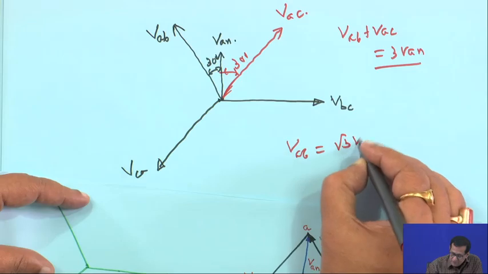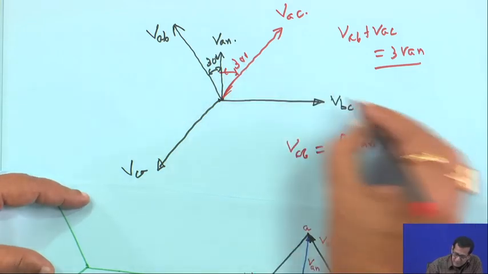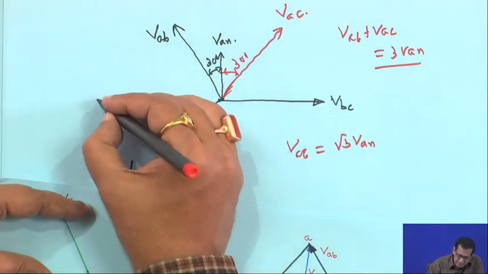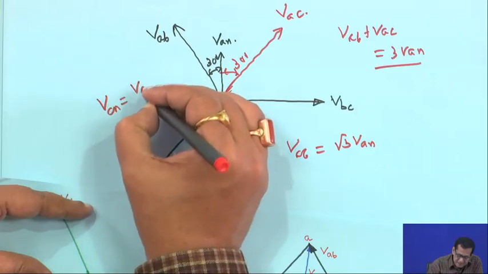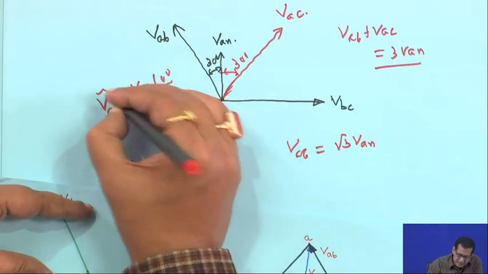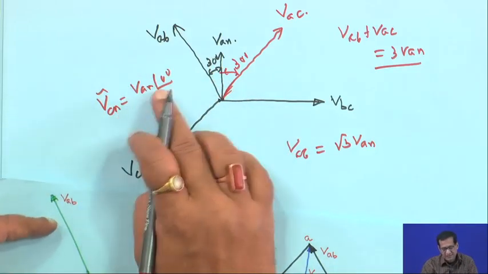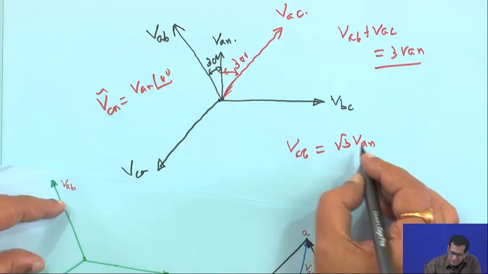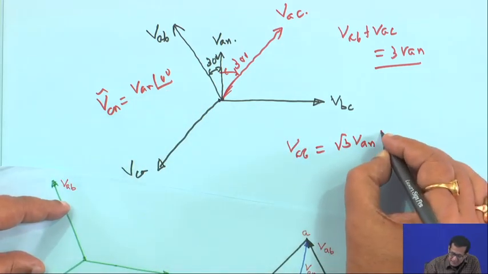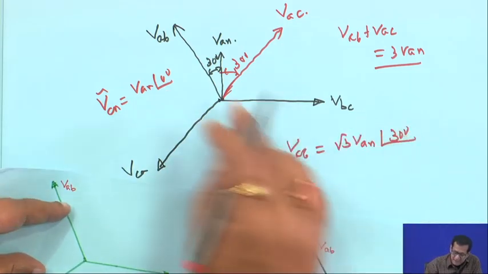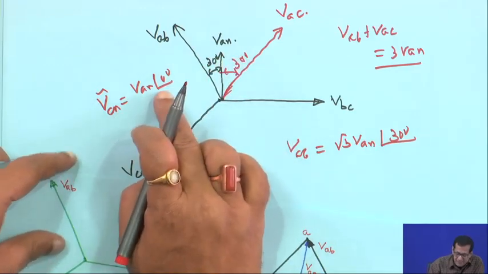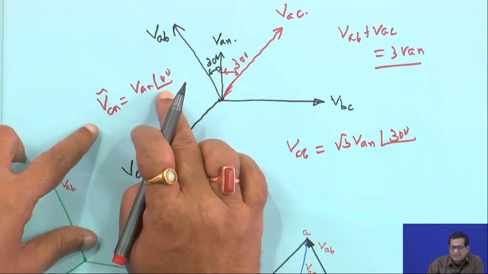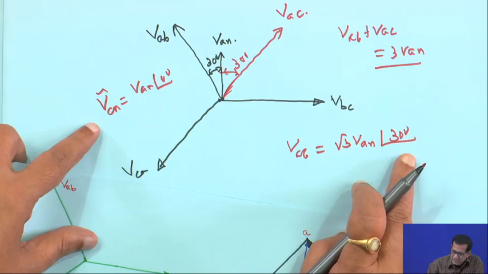So, VAB will be root 3 VAN. Suppose you take VAN is equal to VAN angle 0 degree, this is a phasor quantity, so VAB will be root 3 VAN, but the angle will be plus 30 degree, because it is leading. Suppose my VAN is the reference, then VAB will be root 3 VAN, this one.